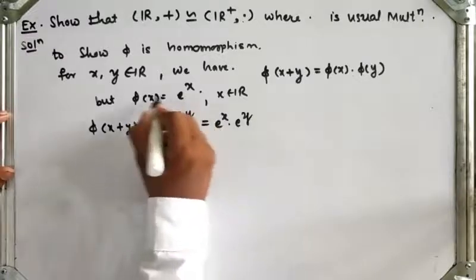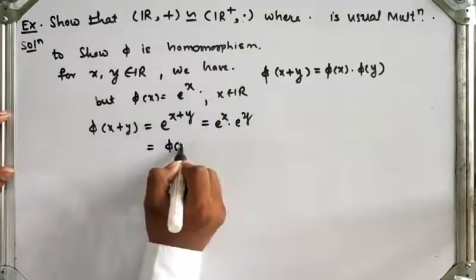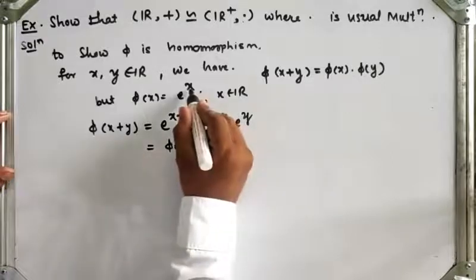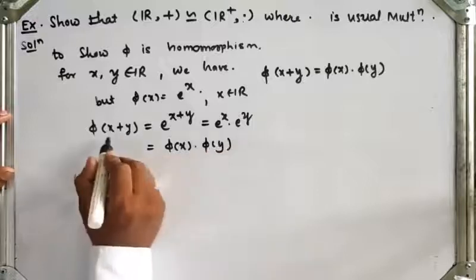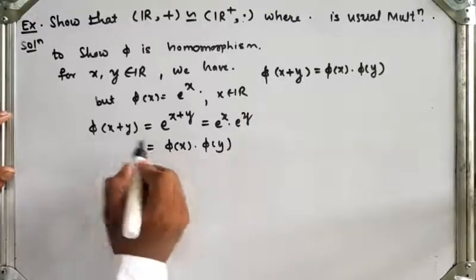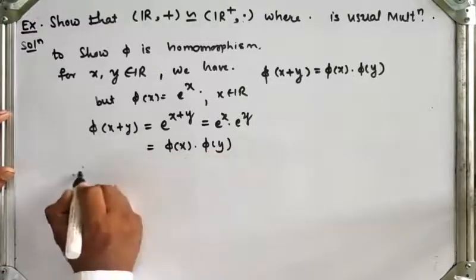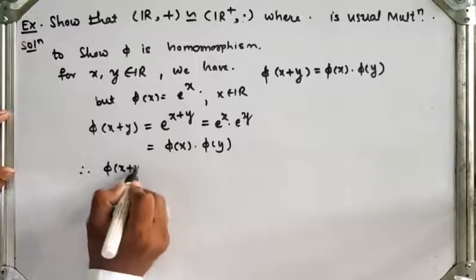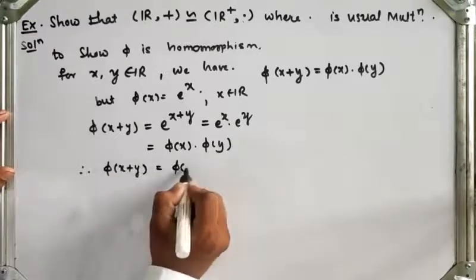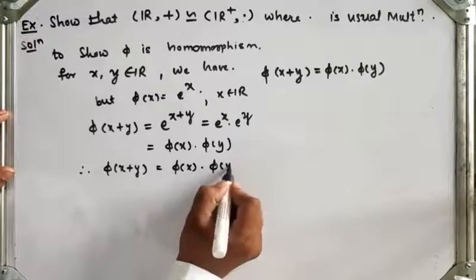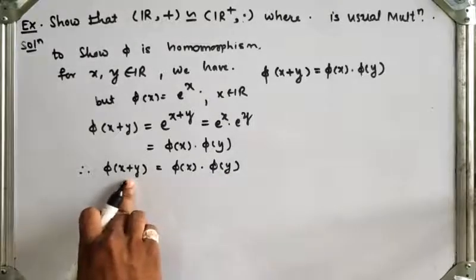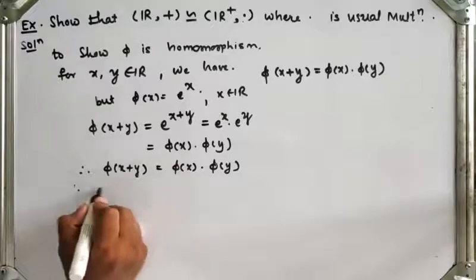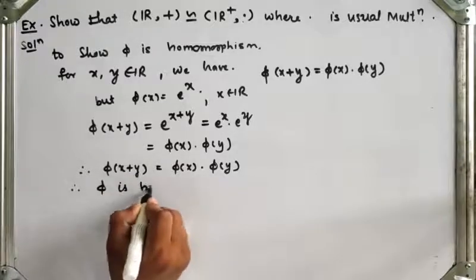It is phi of x, and e raised to y, if I replace x by y, gives phi of y. So phi of x plus y is equal to phi of x into phi of y. Therefore this last condition is satisfied, and phi is a homomorphism.